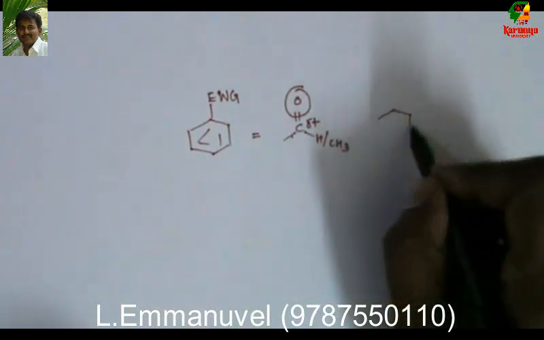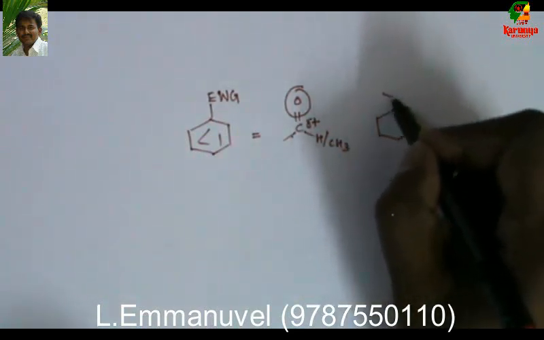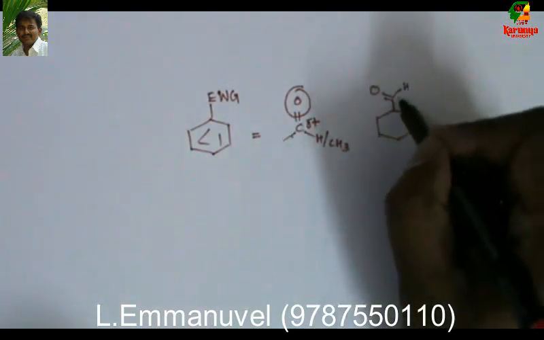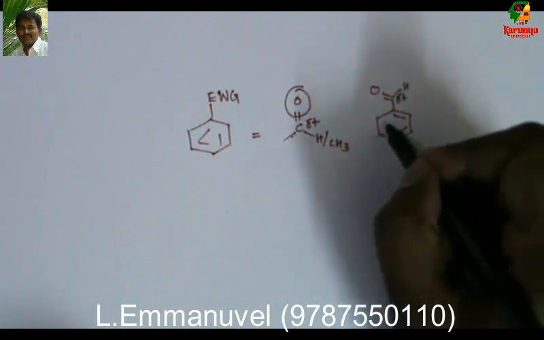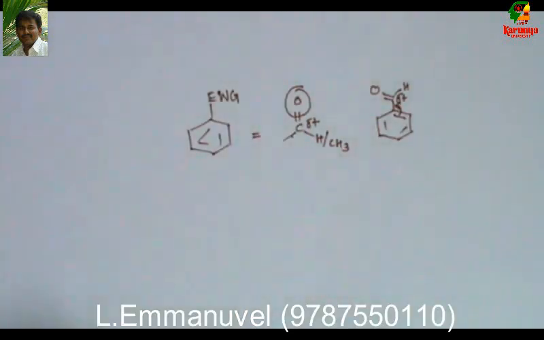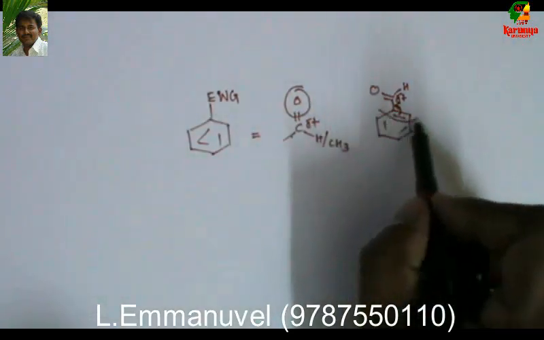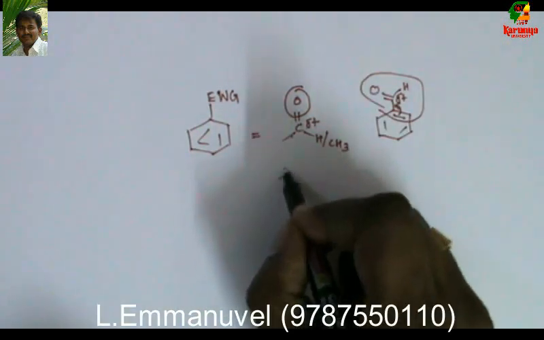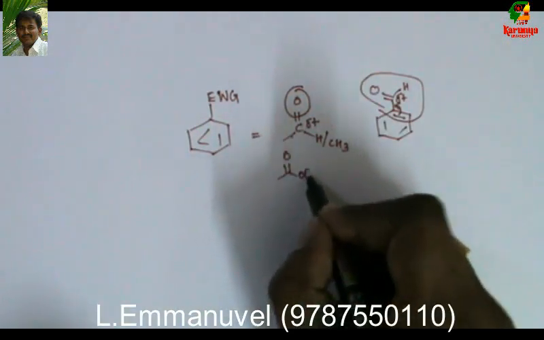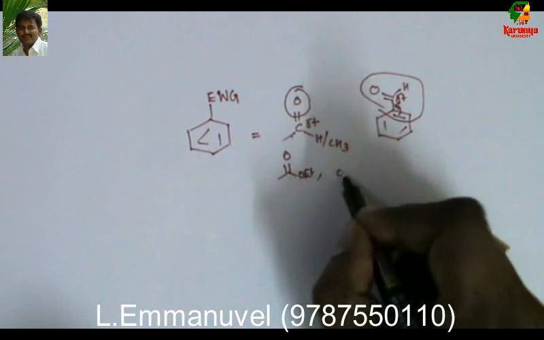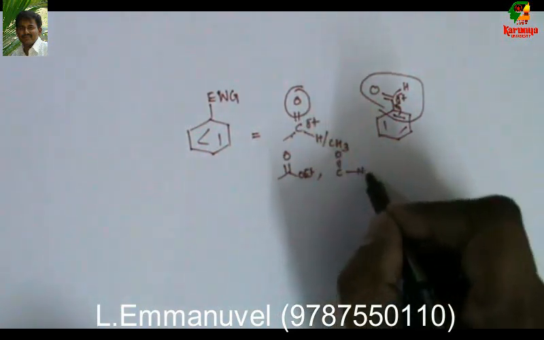So that is del plus. Because of that, the electron goes here. It is similar to an alpha beta unsaturated system if you consider this portion alone. It may be even ester or amide.